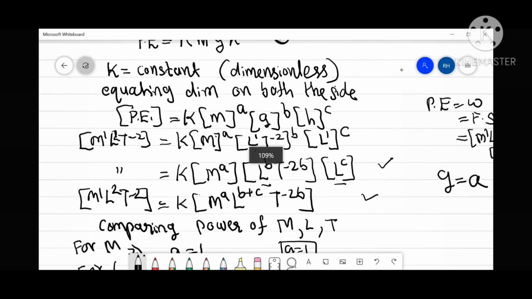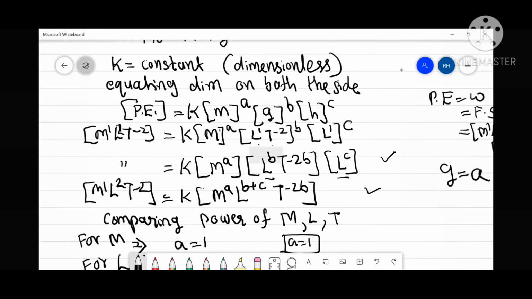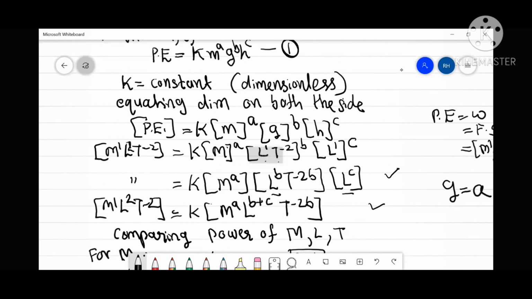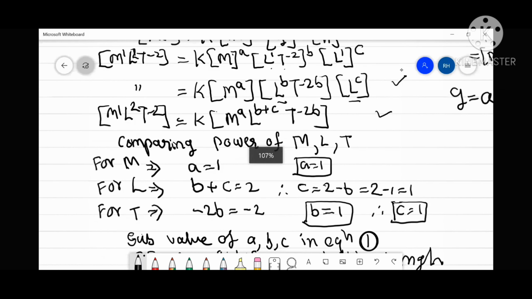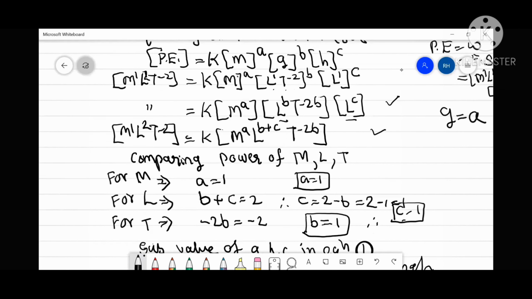Next step, we are comparing the power of the MLT and power of the MLT. For M, we'll write here on both sides, a is equal to 1. For L, two terms are there. Now see, b plus c, and right hand side only 2. b plus c is equal to 2. And for T, minus 2b is equal to minus 2. Then the last term, directly I calculated, minus sign on both sides gets cancelled, 2 gets cancelled, remains only 1.